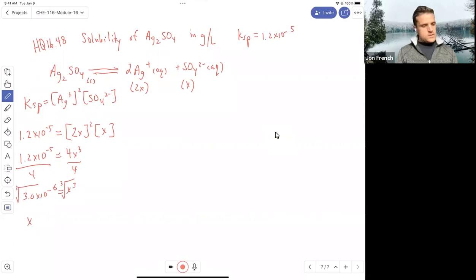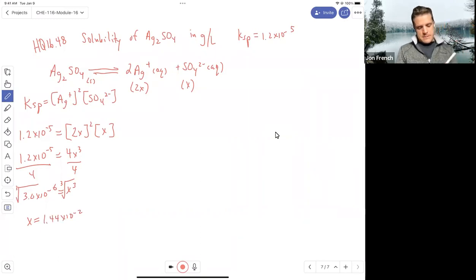Take the cubic root of both sides, and I get x equals 1.44 times 10 to the minus 2.